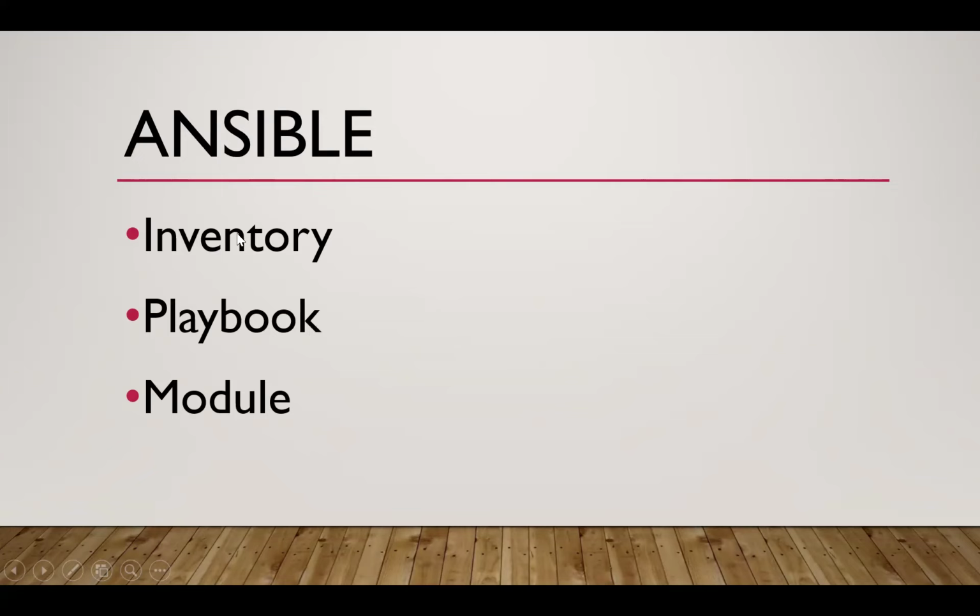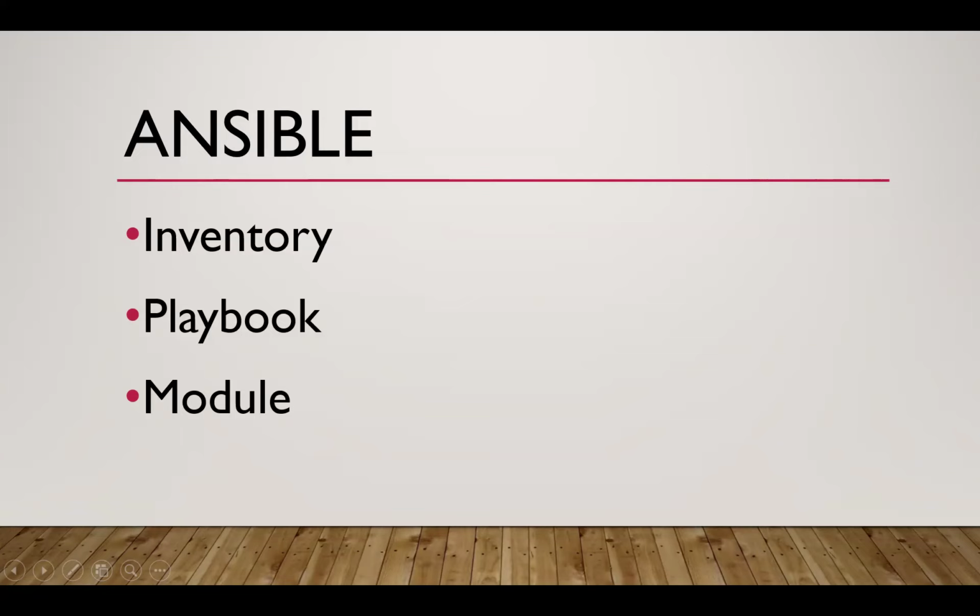And I told you, what does Ansible require to perform your task? It requires two files. One file contains your host names, basically the server names. The other file contains the task that you want to perform on those hosts, right? So in the inventory file, you will provide the hosts, meaning the server names.